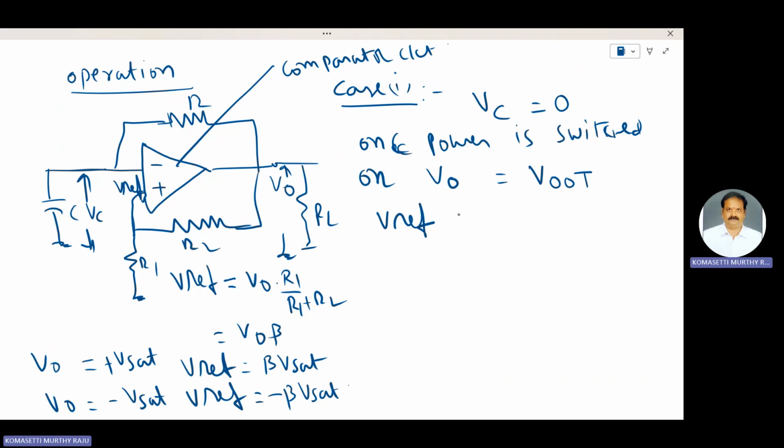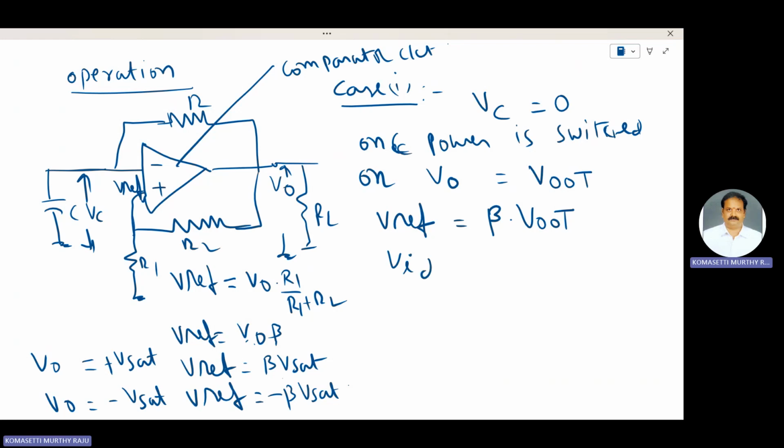Therefore, V reference is equal to beta times V over T. Output is generally V reference is equal to beta times V0, and here V0 is V over T, the total output offset voltage.